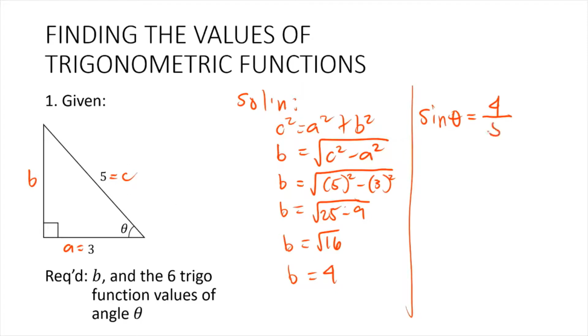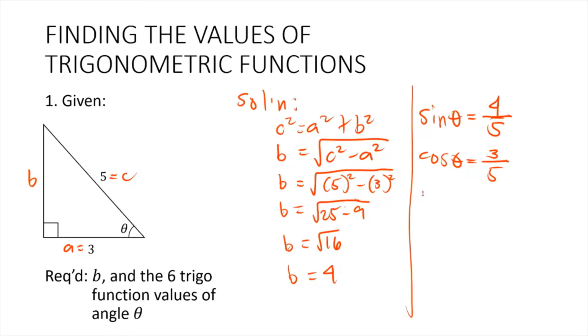So this is sine of angle theta. Next, let's solve for cosine of angle theta. Cosine theta equals adjacent over hypotenuse. Relative to angle theta, the adjacent side is 3 units divided by the hypotenuse, again 5. So that's cosine of angle theta.